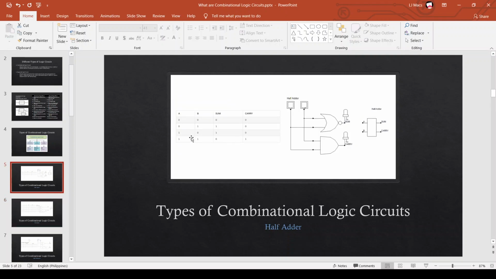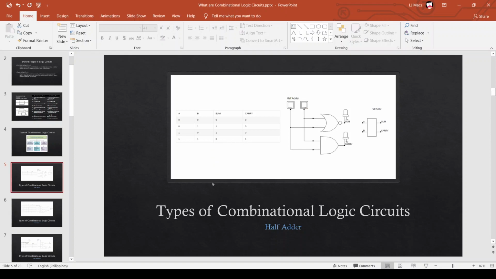For example, for the half adder, let's use this example: 1 and 1. For A and B, we have 1 and 1. So our sum for 1 and 1 should be 0 and you carry the 1.